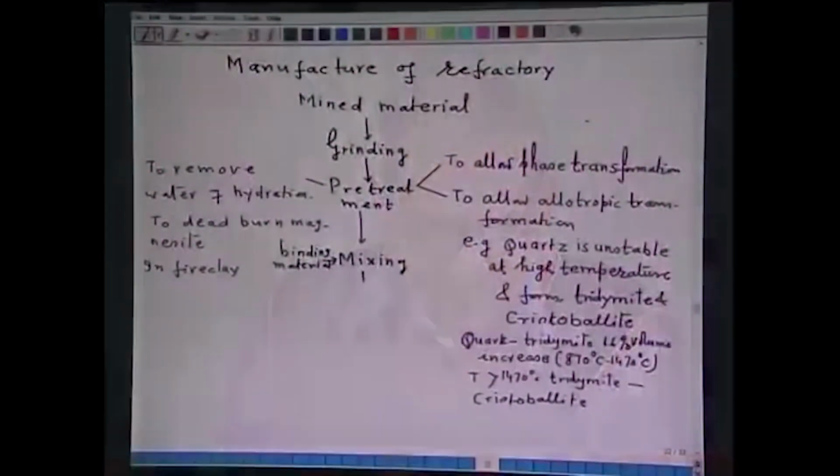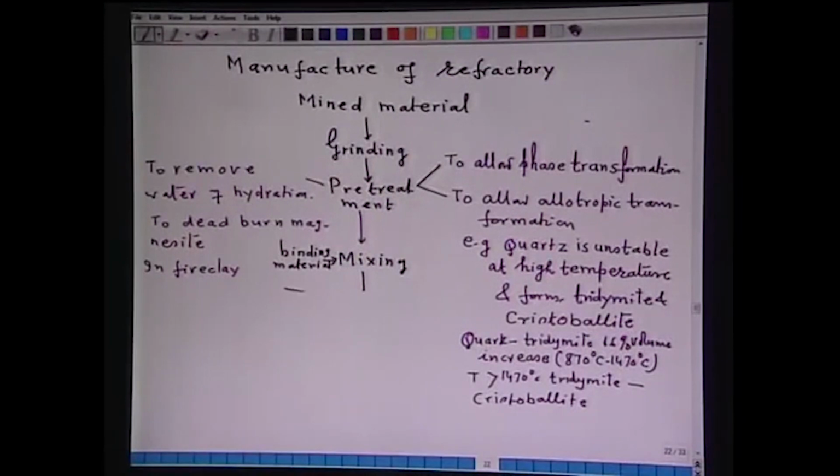So that you can get a shape, because this is solid mass, powdery mass. Unless you bind it, you will not get a proper shape. So, binding material is added, and this can be dry, semi-plastic, or wet mixing.